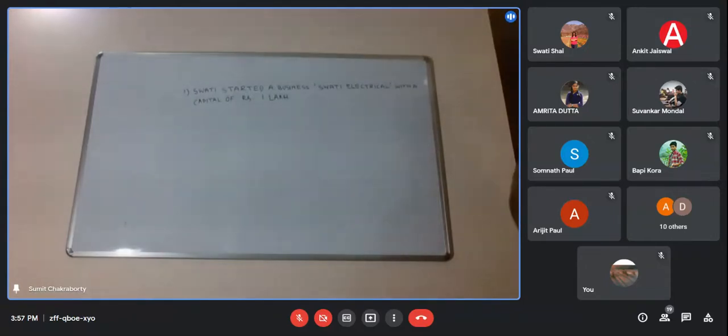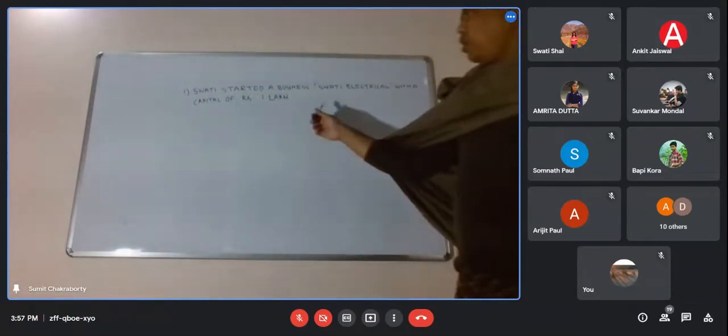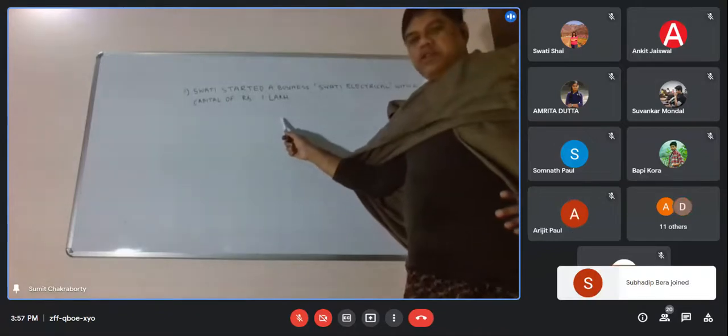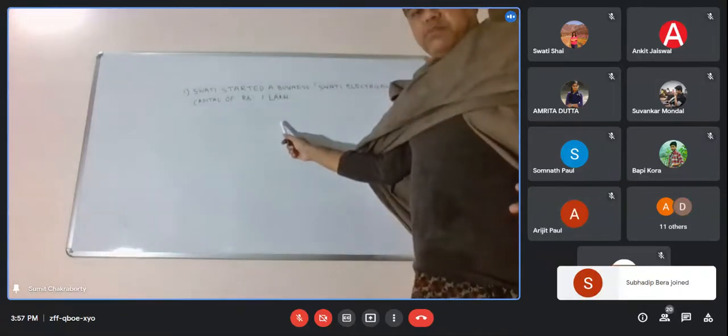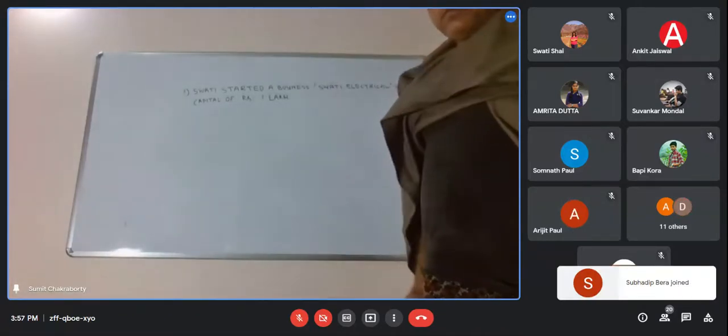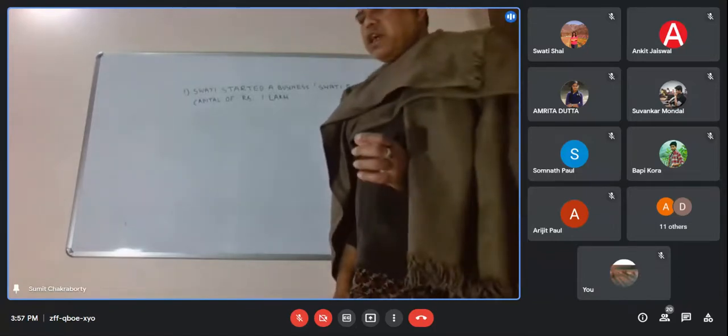See, this statement is for a double entry system. Which account is affected?